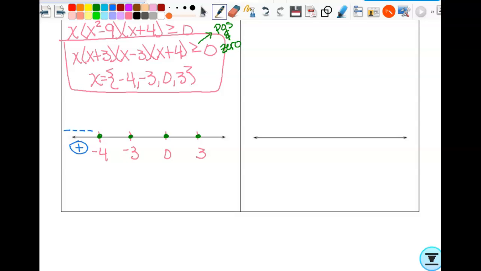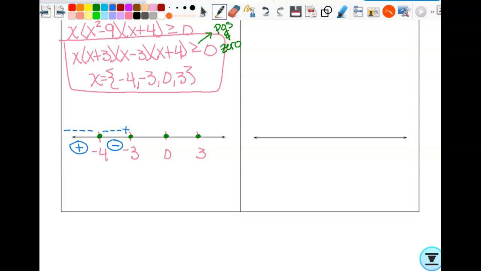Between negative 4 and negative 3, I don't have the luxury of picking a whole number, because I can't pick negative 4 or negative 3. I can pick negative 3.5 because I don't have to actually do the math anyway, right? So negative 3.5, this would be negative, this would be negative, this would be negative, and the last one would be positive, which makes that negative overall.